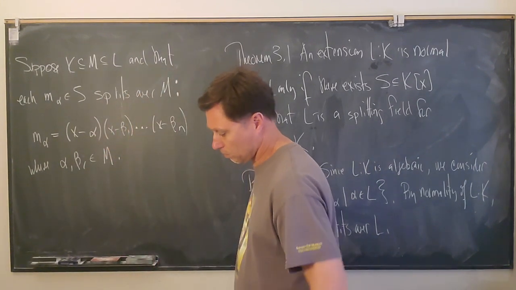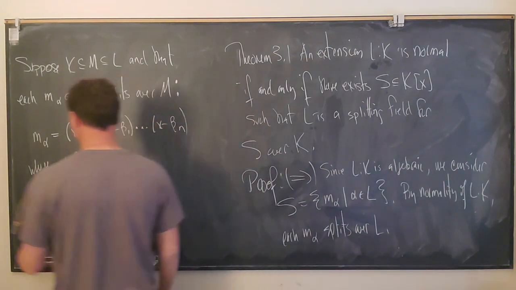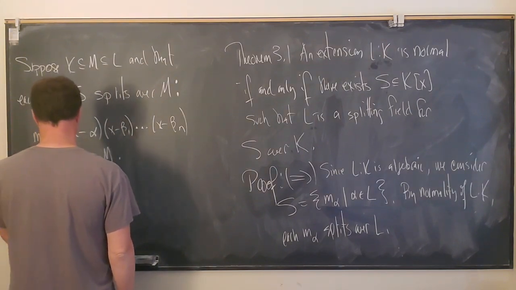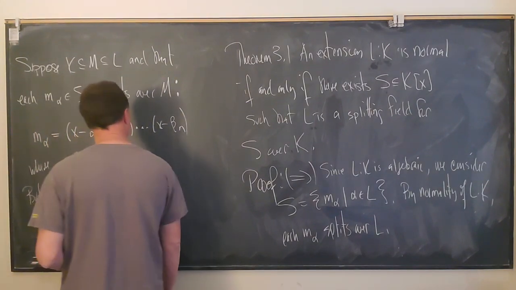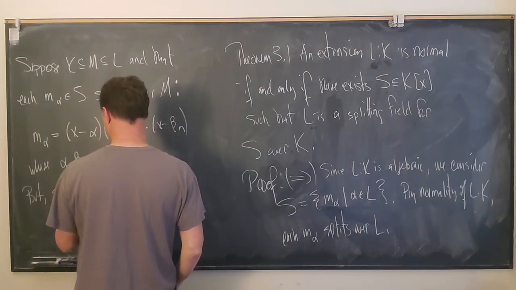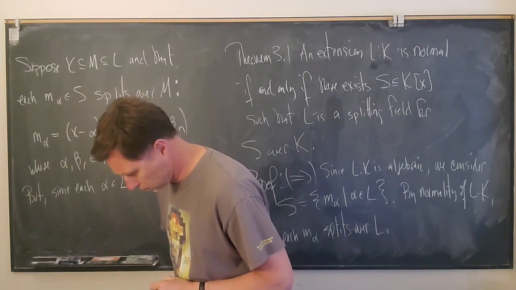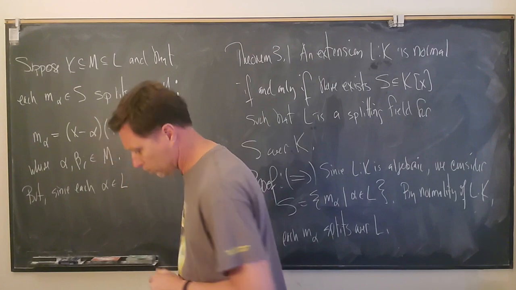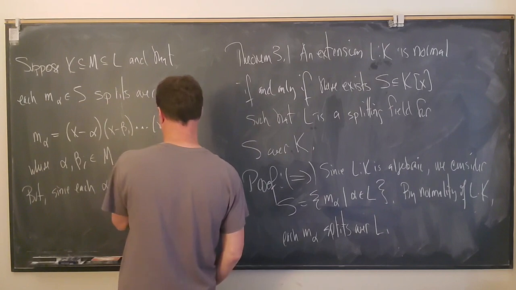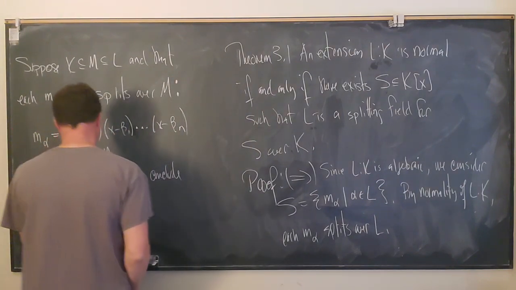But since each alpha is in L, we conclude that L is contained in M, right? What are we saying?